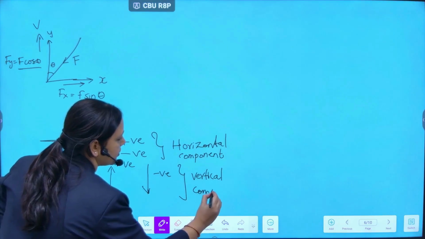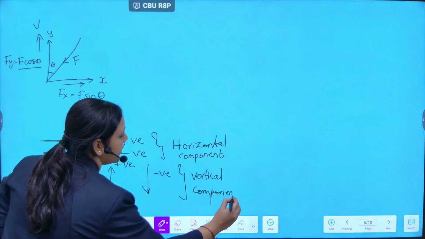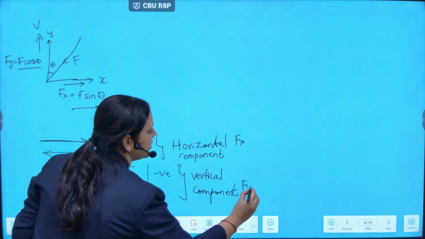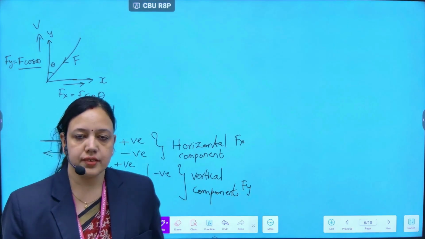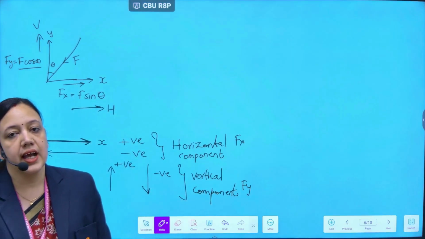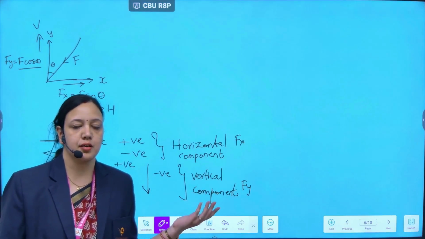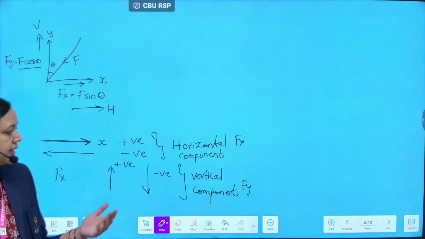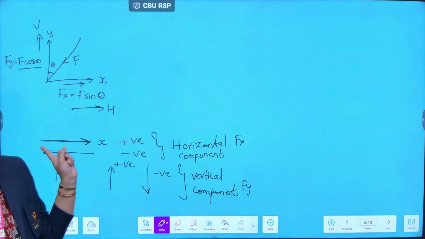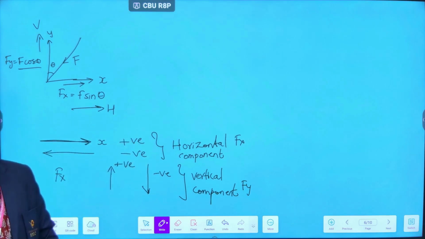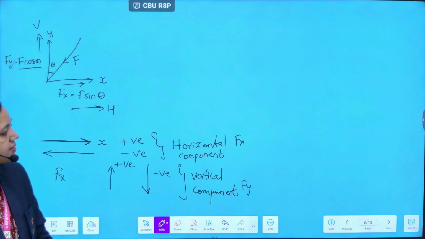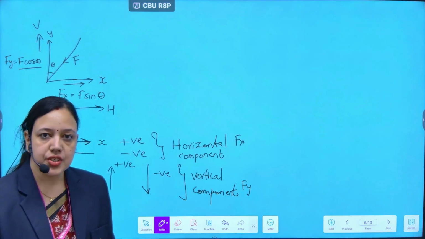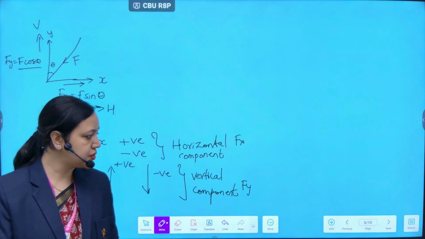One must have a clear understanding of the horizontal and vertical component resolutions, how to resolve them, how to find the values of Fx and Fy, and how to assign a positive or negative sign to it. Whether it is positive or negative depends upon the sign convention that I have just explained. Following this sign convention, we can very easily understand in which direction the force is acting and along which axis.